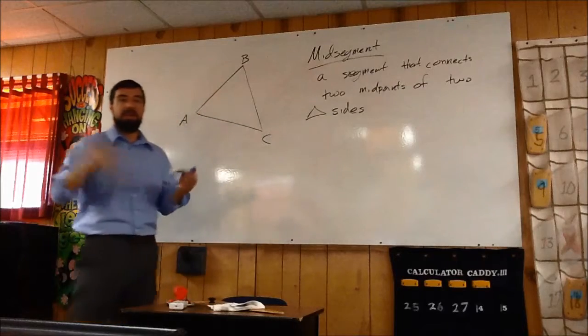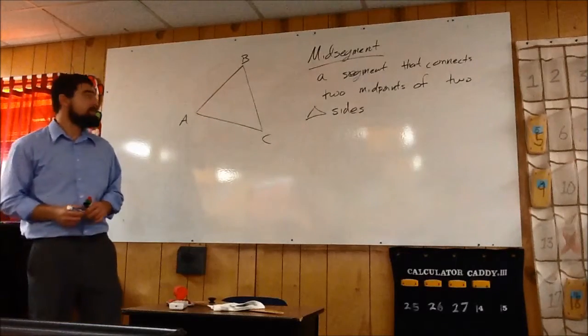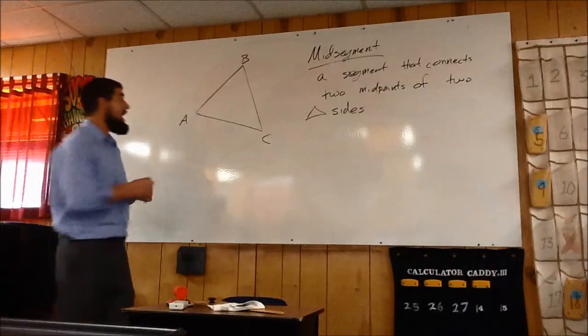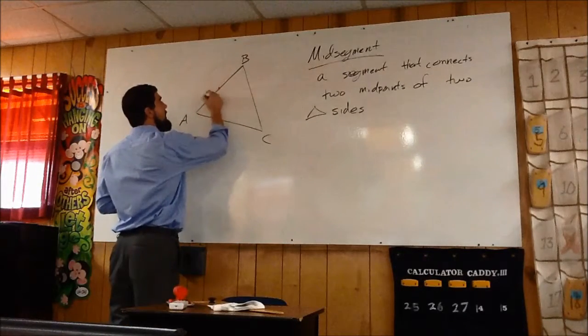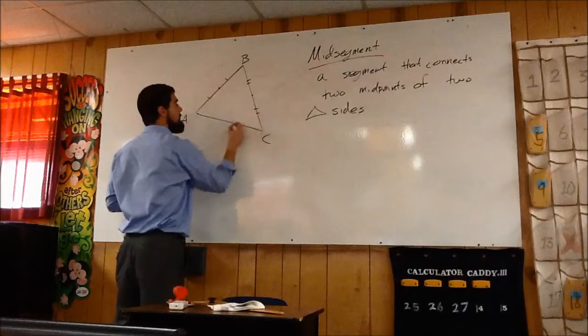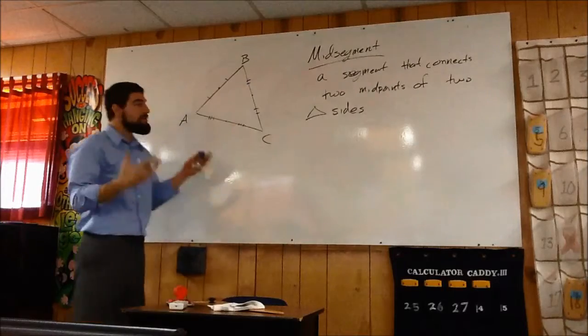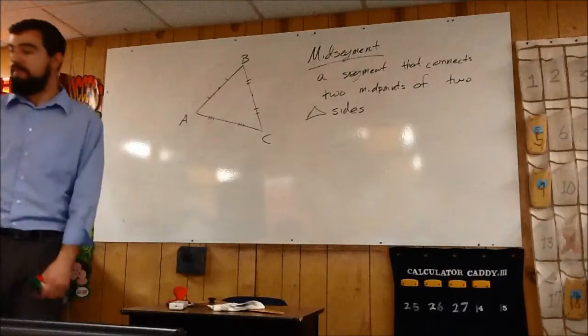It's just a segment that connects midpoints. So really quickly, I'm going to locate about where my midpoints are. Just do it that quickly. It does not have to be perfect.